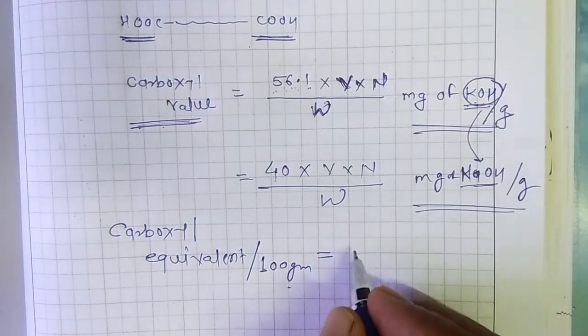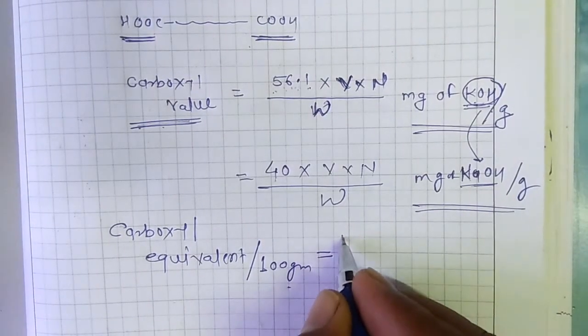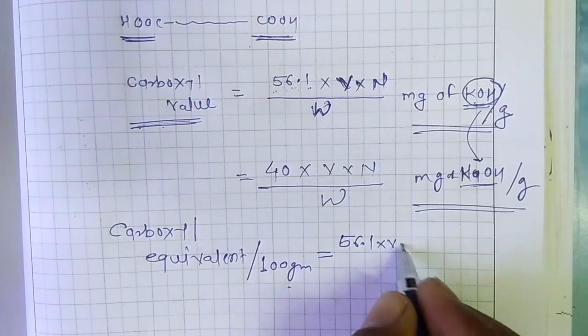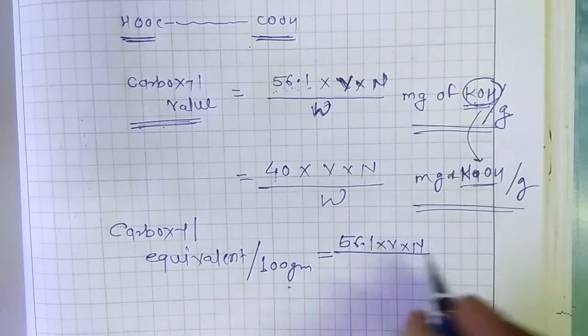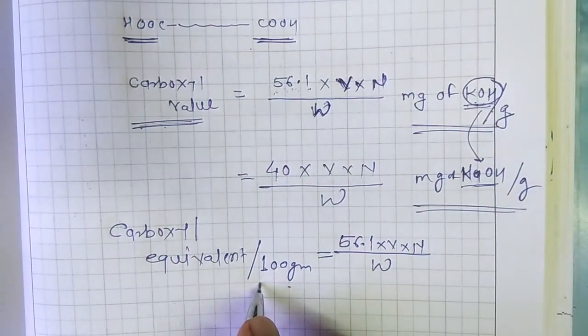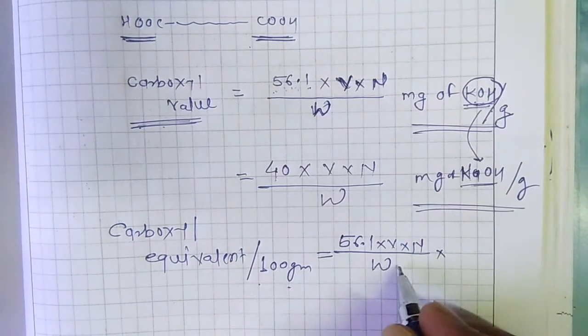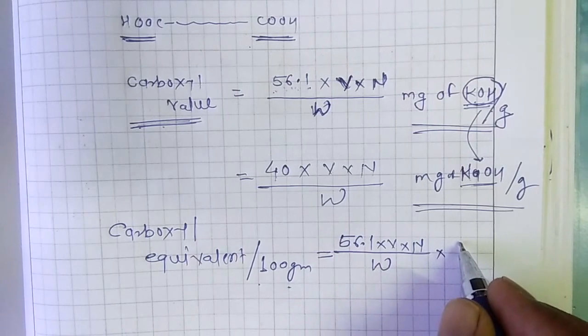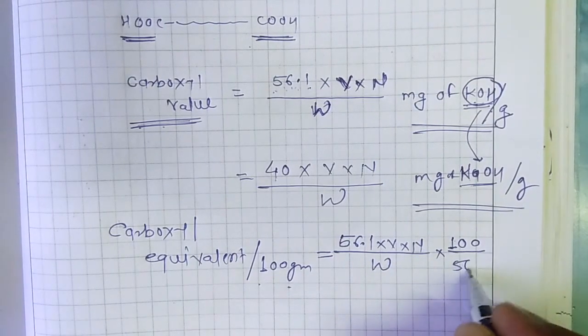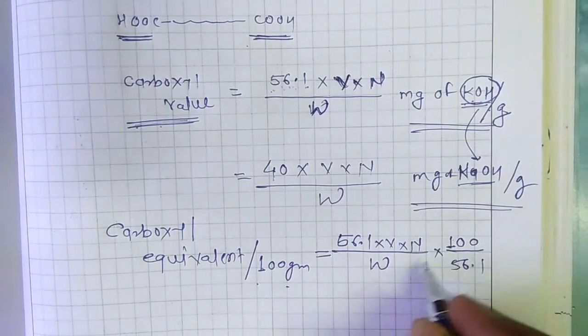So how will it become now? Repeat, 56.1 into V into N divided by W. Now we are expressing it per 100 gram. That's why our formula is modified into 100 divided by 56.1, because we are expressing 100 grams.